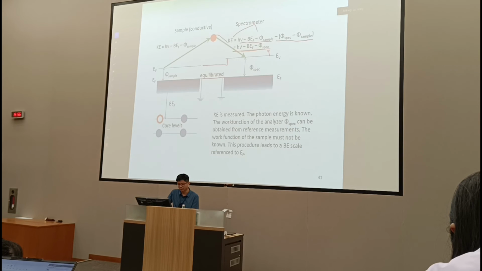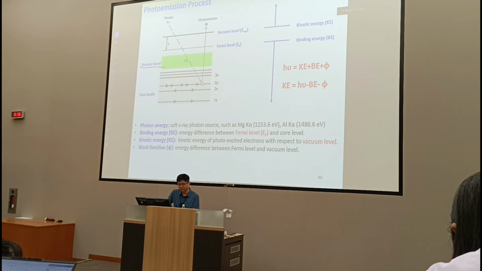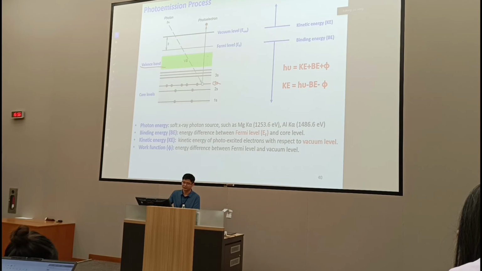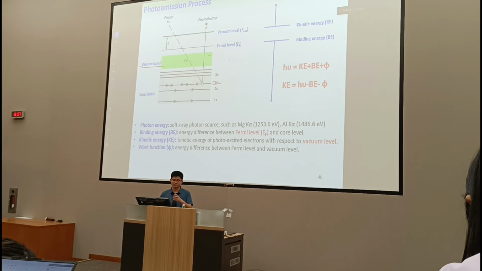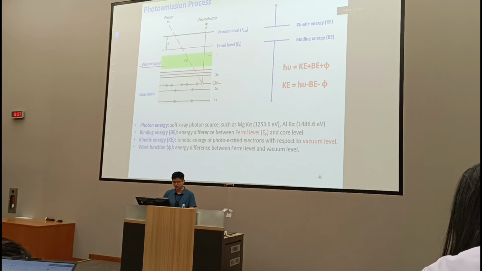So you go back to this: you have the conduction band, the valence band, below the Fermi level. Instead of exciting these deep core levels, you can excite the shallow electrons that lie at the valence band. This part is interesting for transport or determining other properties, because you can excite electrons easily, without putting in a lot of high energy.